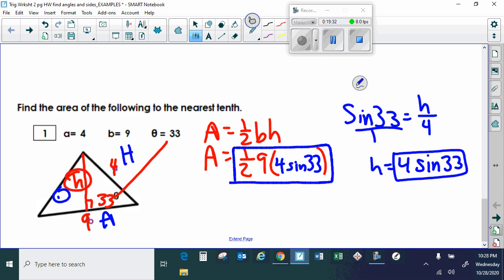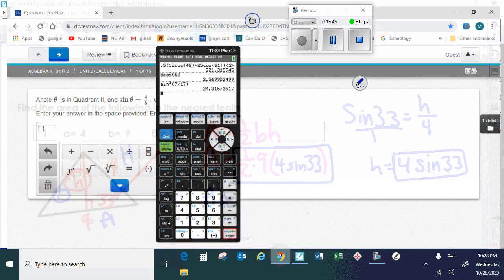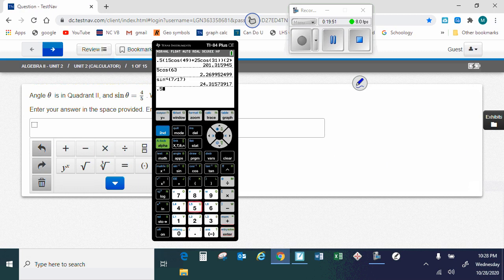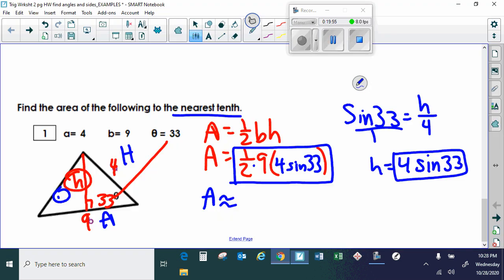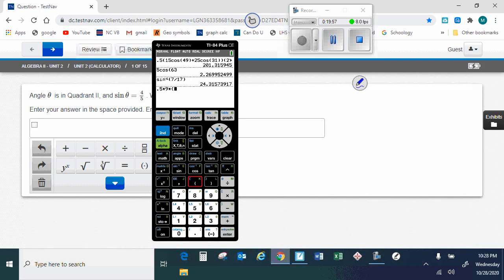That'd be the exact answer, but we want the nearest tenth. So now you type in the calculator. 1/2 of 9, if you know that, that's 4.5. You can just type in 4.5 times 4 sine 33. Or you can type it in as 0.5 times 9 times parentheses 4 sine 33.